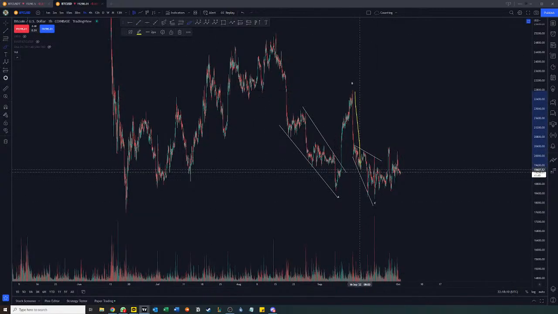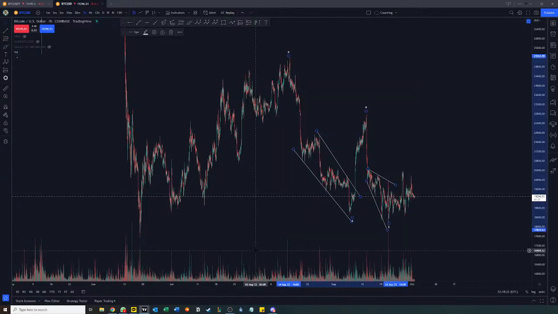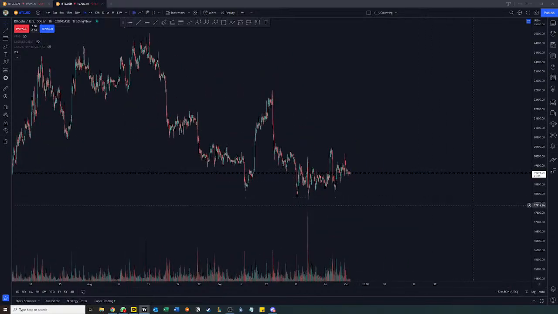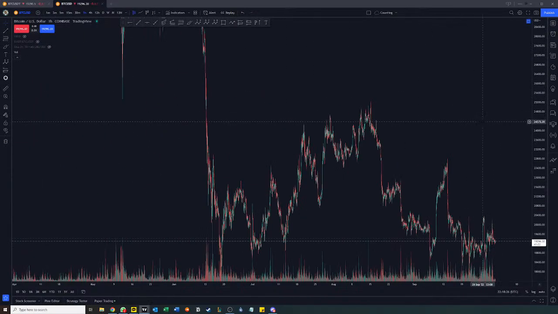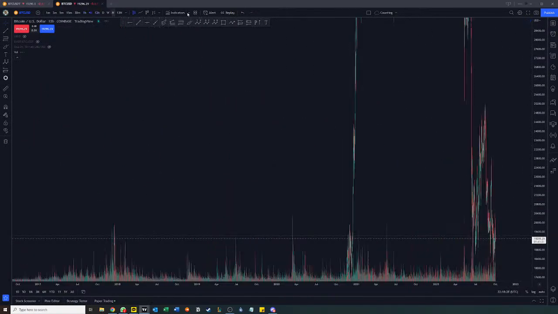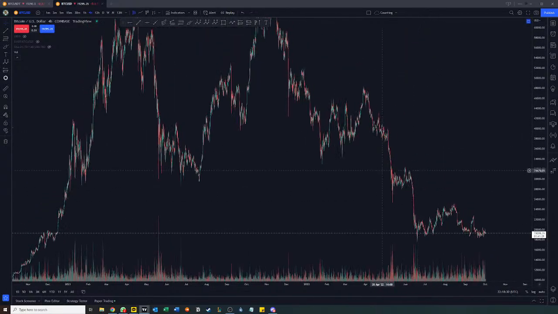So it's a 1, 2, 3, 4, 5. You see again, it touches 3 times and then overcomes the previous A. That's why I think the C wave is done. And what I think later on will happen is, let's see again the big trend.